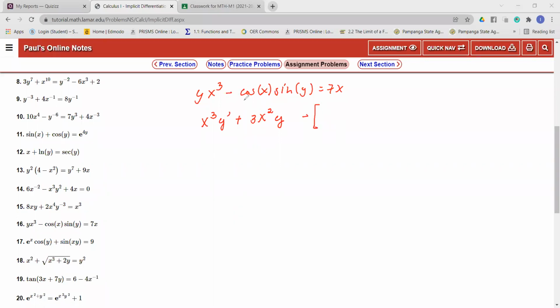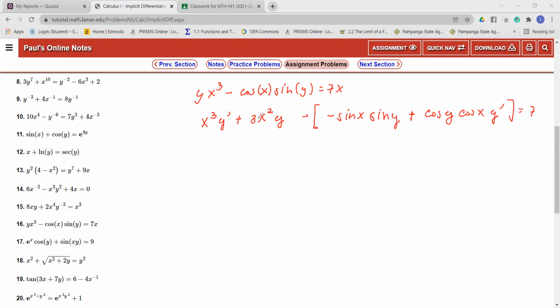Again, derivative of the first, which is cosine x, and derivative ng cosine x ay negative sine x times the second, plus derivative of the second, cosine y times the first, cosine x. However, since nag-derivative tayo ng may y, so this is then y prime, equals derivative of 7x, that will be equal to 7.